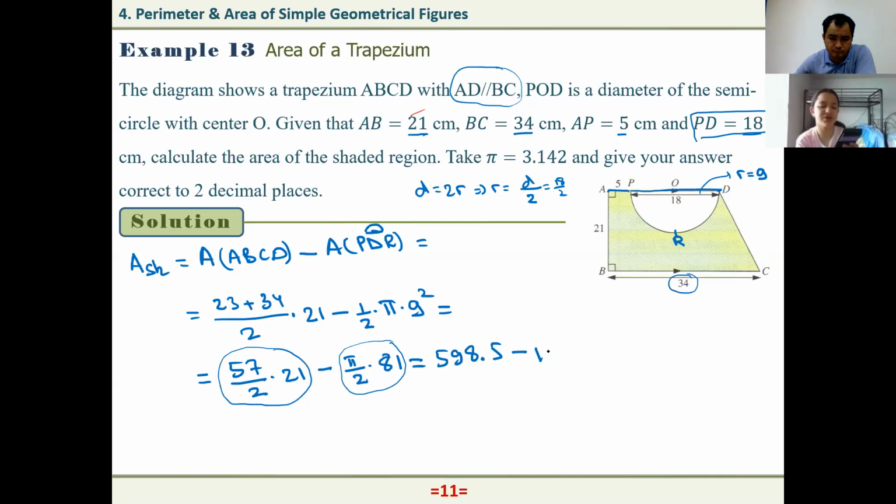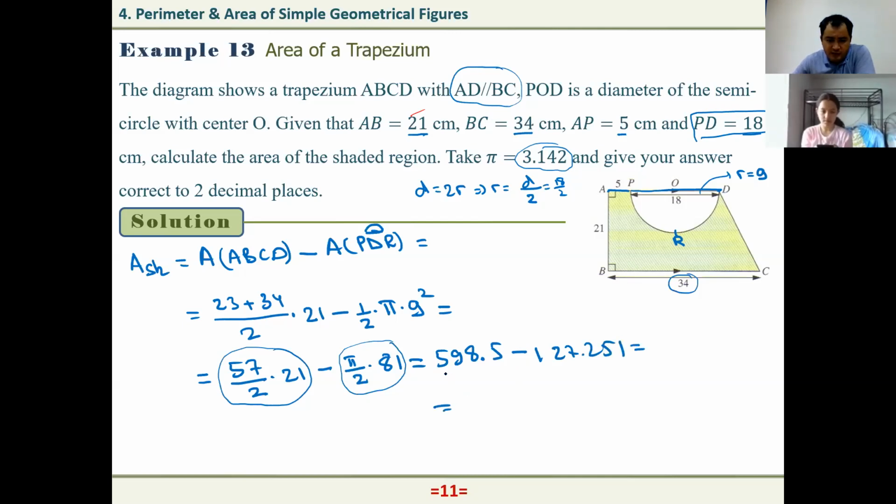Right, Shahina, 81, okay. Times 3.142, divided by 2. Okay. Yeah, I got 127.251. Very good. Now subtract this.